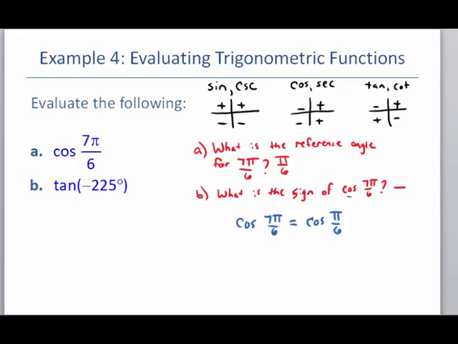And we remind ourselves from our previous section that cosine pi over 6 is going to equal square root of 3 over 2. And so this tells us that cosine 7 pi over 6 will also equal square root of 3 over 2, but we know that it's supposed to be negative. And so we'll put the negative on and then be done with that problem.